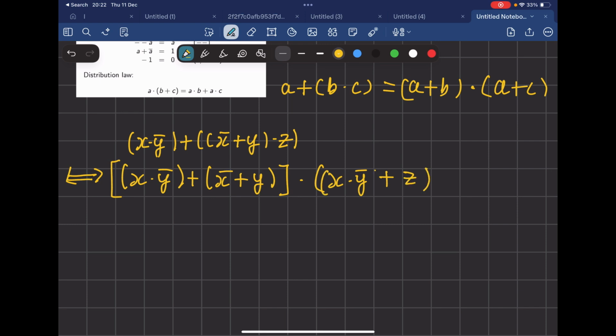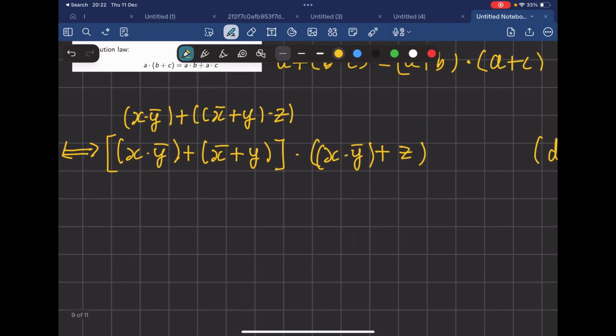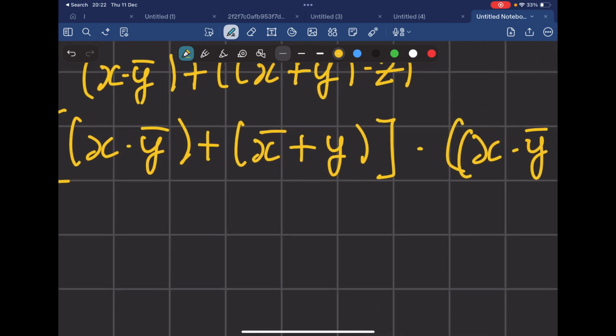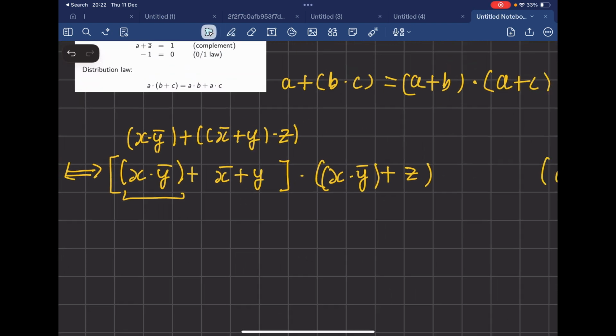Okay, that's it. So here we apply the distribution law. Next, what we can notice is that we have something plus something plus something, and so we can just drop these brackets, which makes it a bit clearer.